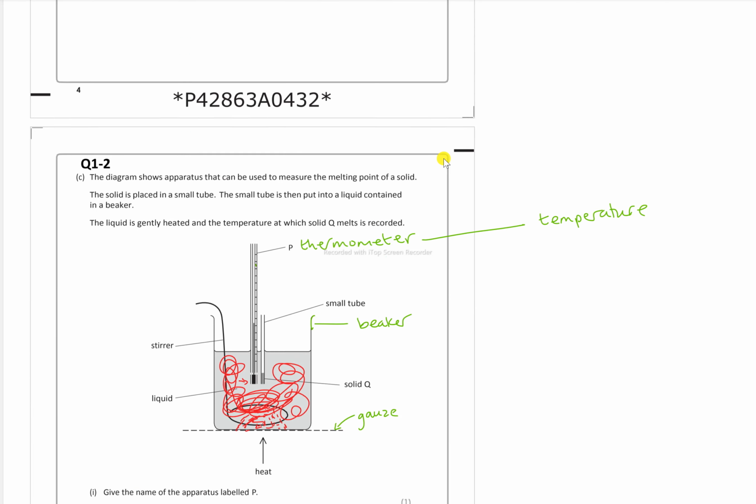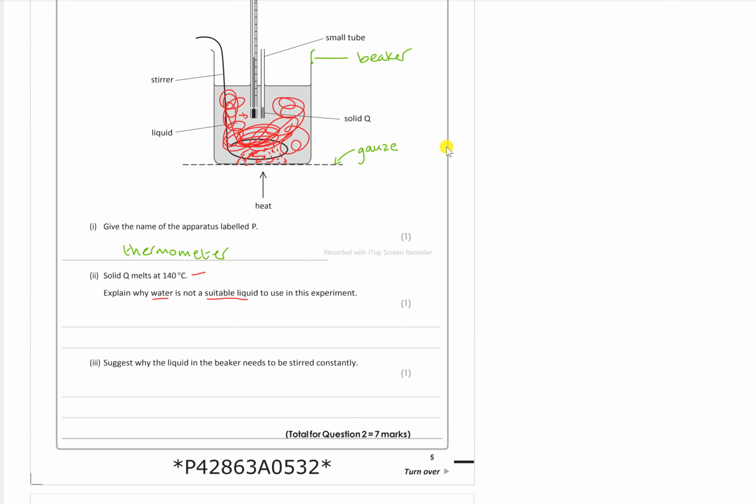So what they were doing, let's get rid of that. Right. What they're saying is that this here is water. This will start boiling off at 100 degrees Celsius. But this solid Q melts at 140 degrees Celsius.